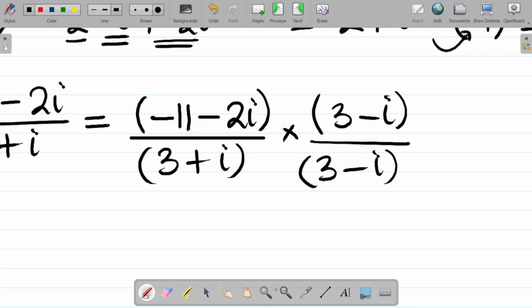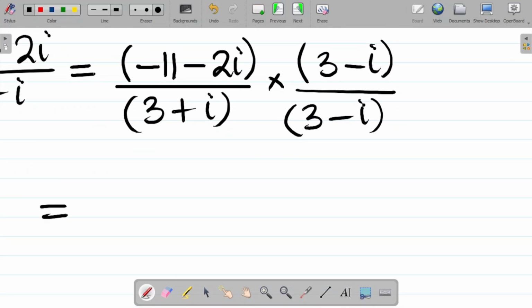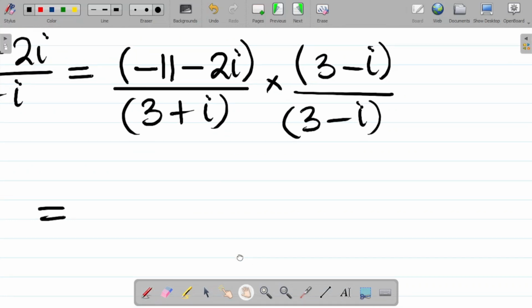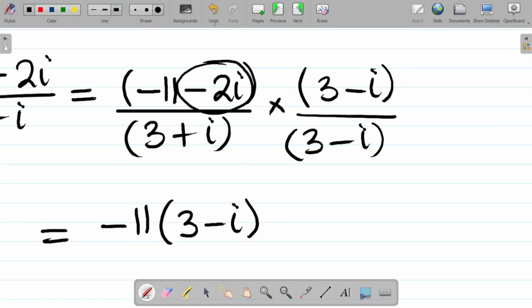So let's multiply this. In multiplying these two, the first task is to use the first term of the first bracket, that's minus 11, to multiply everything in the second bracket. So it becomes minus 11 into (3 minus i). Use the second term of the first bracket, that's minus 2i, and multiply everything in the second bracket, 3 minus i.